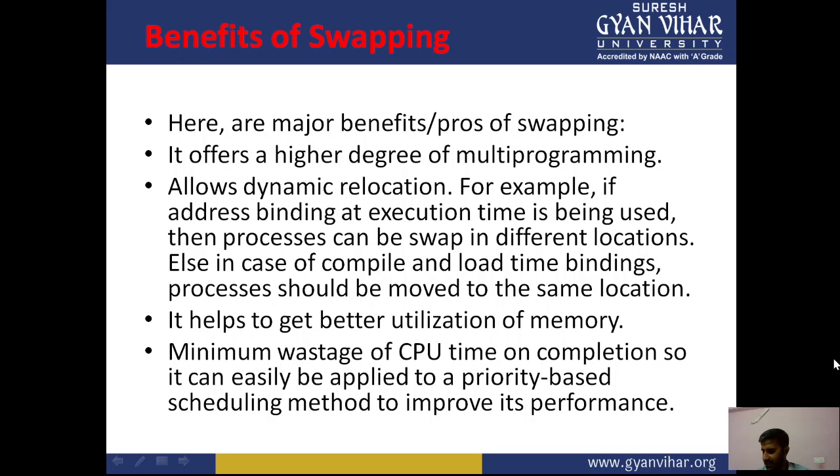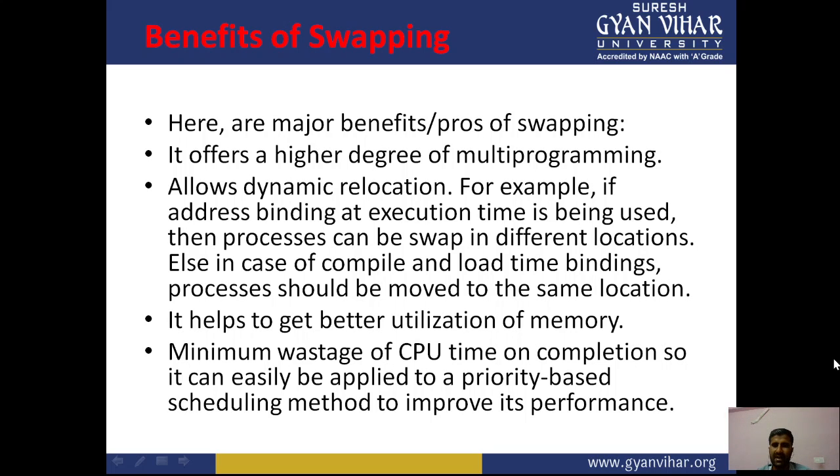If we are considering this on the basis of memory allocation, it offers a higher degree of multi-programming, right? So with the help of the swapping concept, we can also improve multi-programming in the operating system. It allows dynamic reallocation. For example, if address binding at execution time is being used, then the process can be swapped into a different location.